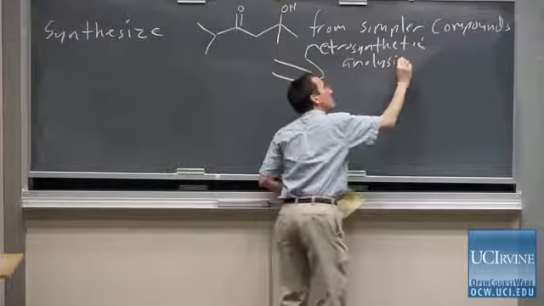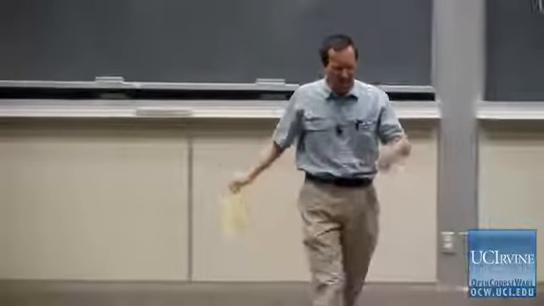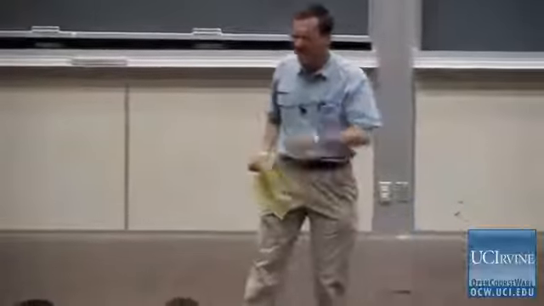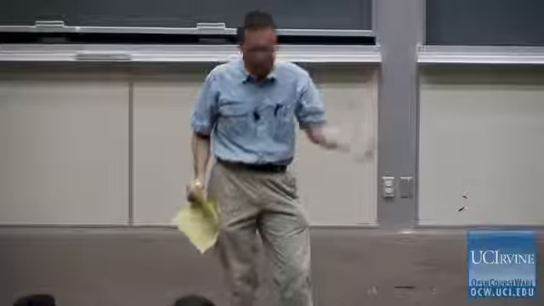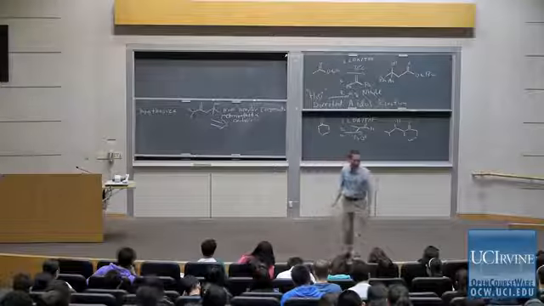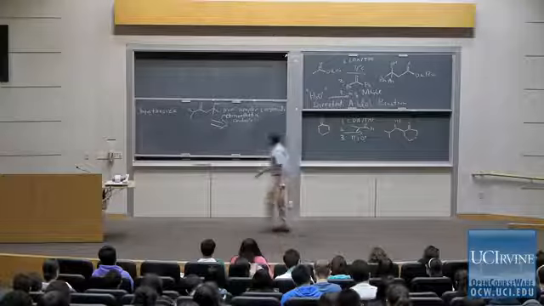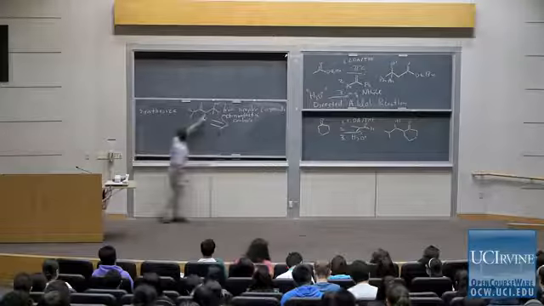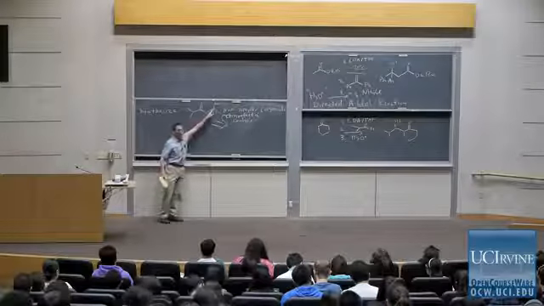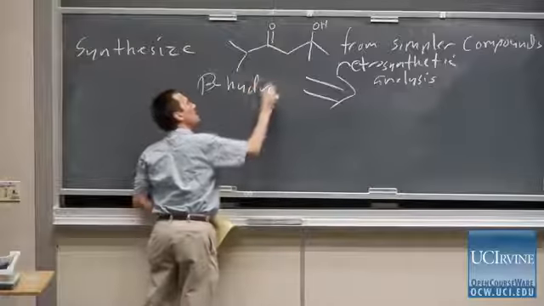And the beauty of being able to think backwards is it liberates us from conditions, from reagents, from details. What oxidizing agent do I use? What base do I use? To see the entire big picture. And the big picture here is we have a beta-hydroxycarbonyl compound, right? This is the alpha carbon, this is the beta carbon. So this is a beta-hydroxycarbonyl.